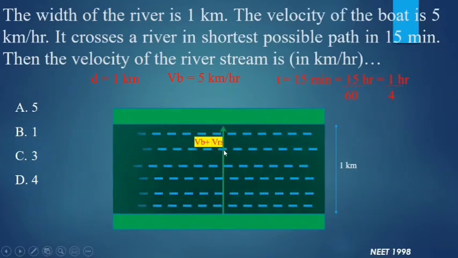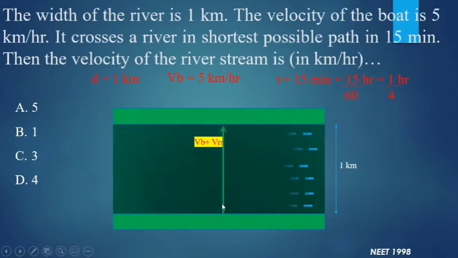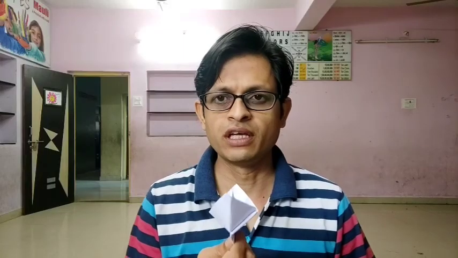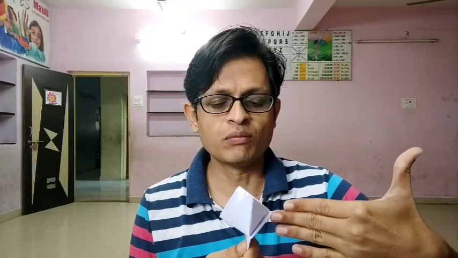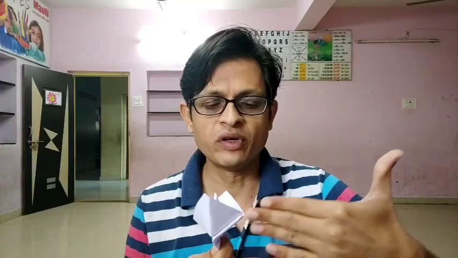And this is the outcome of two different vectors. One is the velocity of the boat and the other one is the velocity of the river. Imagine that this boat is traveling in a straight line and the river speed is acting in this direction. In this case, what will happen? The boat will shift its direction along the direction of the river because of the force of the water, and it will not remain in the straight line, it will go in this direction.